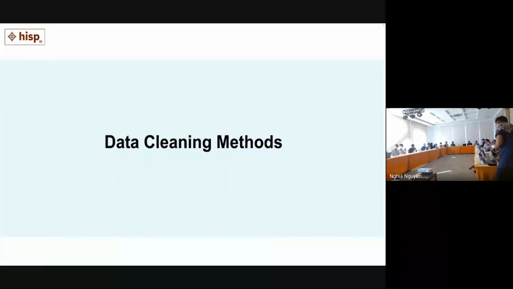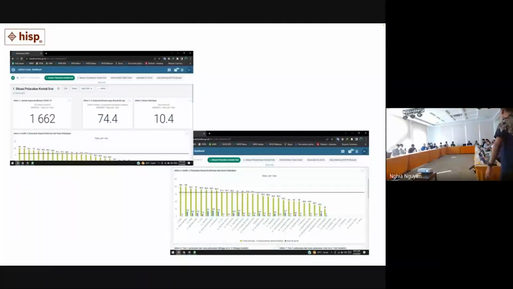Can we go? Okay. Data cleaning method. This is I want to relate to what Nick said before and what our friends in Sri Lanka do. So we have the visualization to analyze the data. This is one example. Okay, the first indicator is how many confirmations for COVID and how many close contacts.